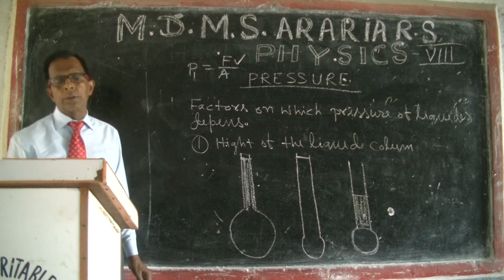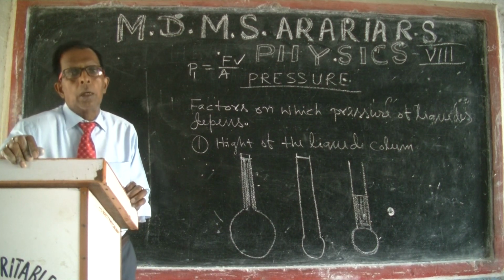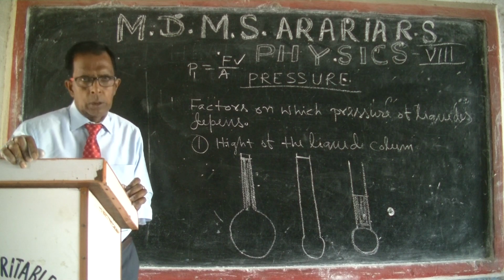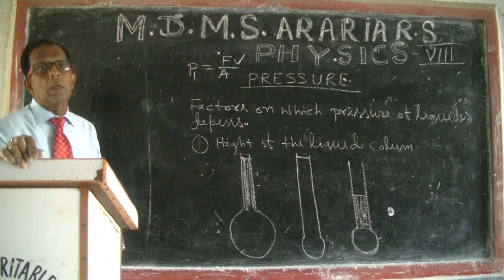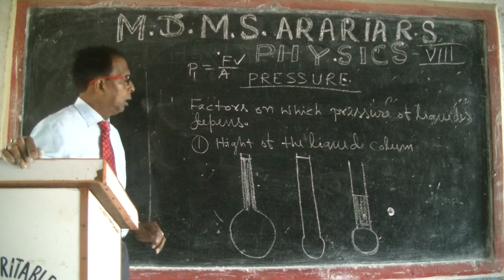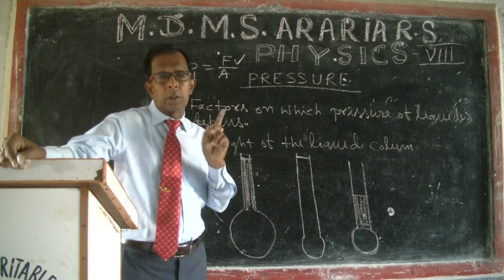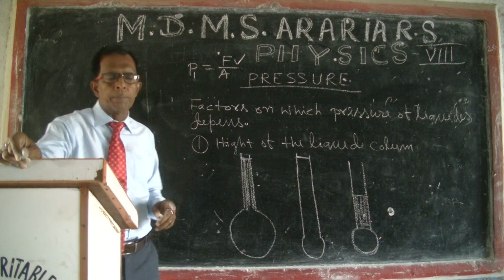It indicates that the pressure of the liquid depends on the height of the column of the liquid. And the second is density of the liquid. Density of the liquid is also a vital factor for the pressure exerted by the liquid.